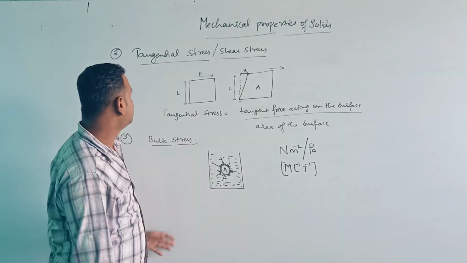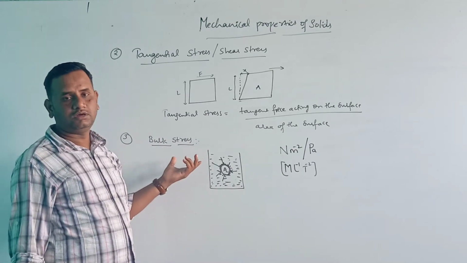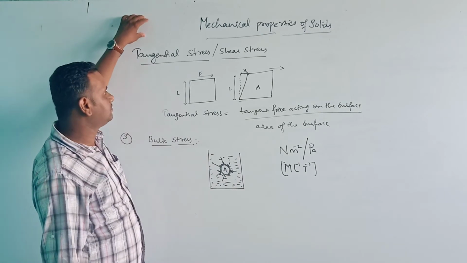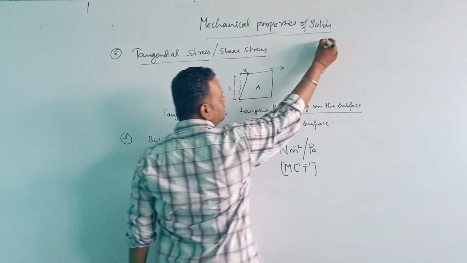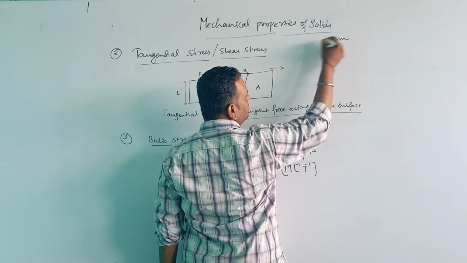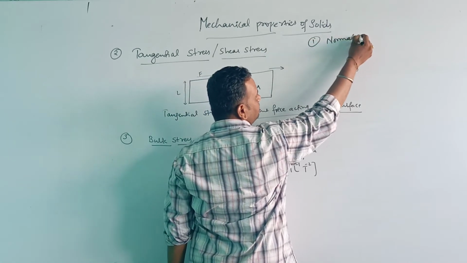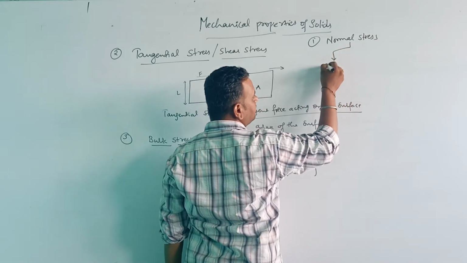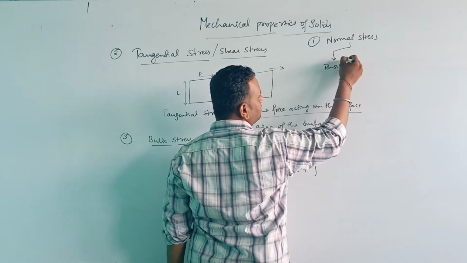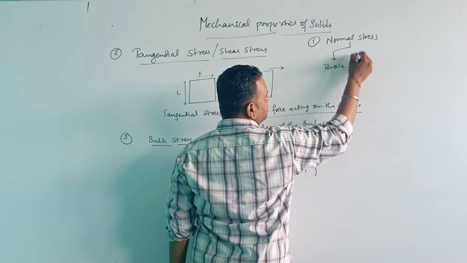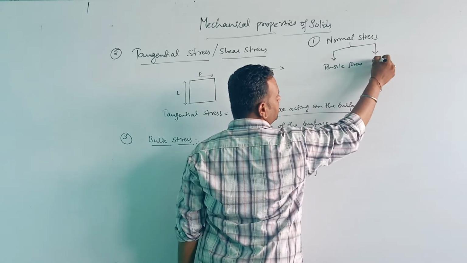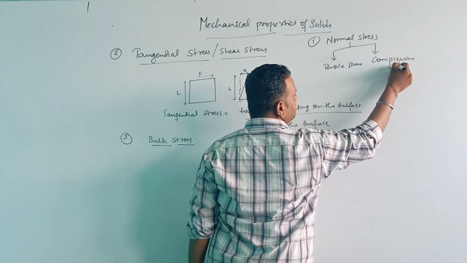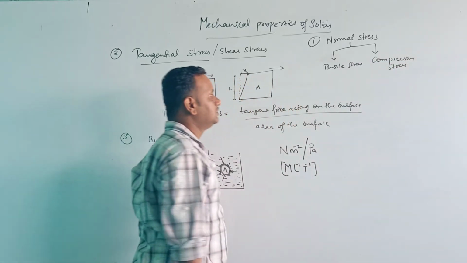Okay, so these are the types of stress. Normal stress is the first type, which we discussed in the last class. In normal stress we have tensile stress and compressive stress.